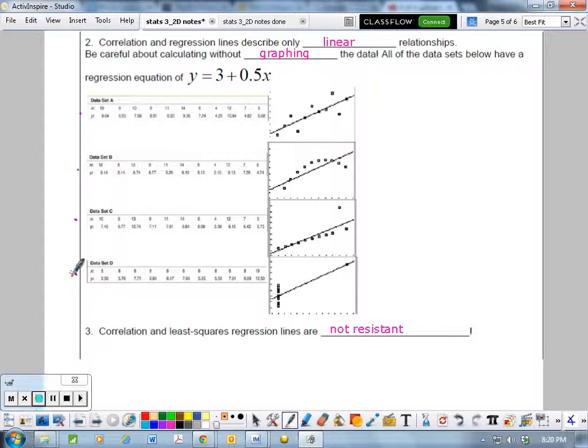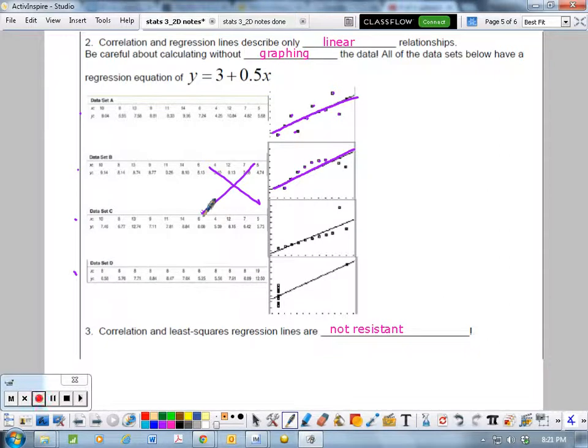So in our first one, this line maps really well with our data points. But on this one, this doesn't map as well because as you see, there's definitely a curve. So we should not have used linear regression on that because of that curve.